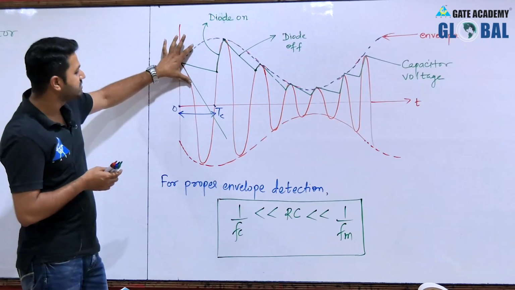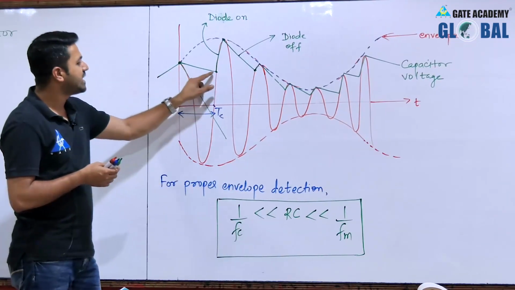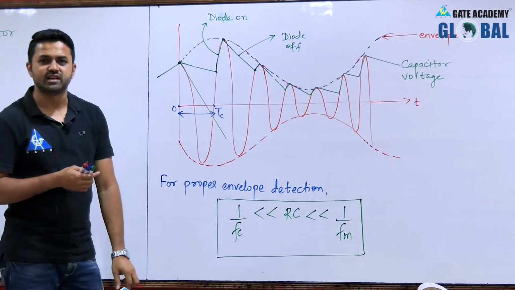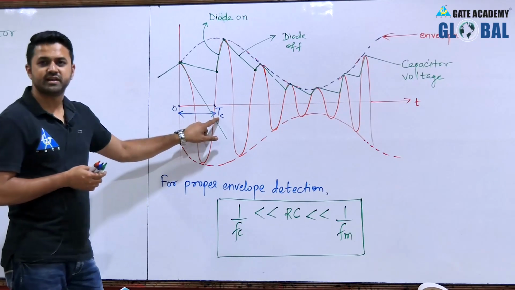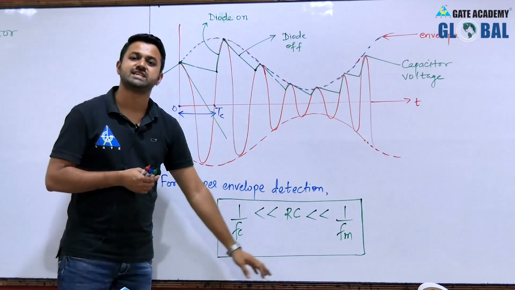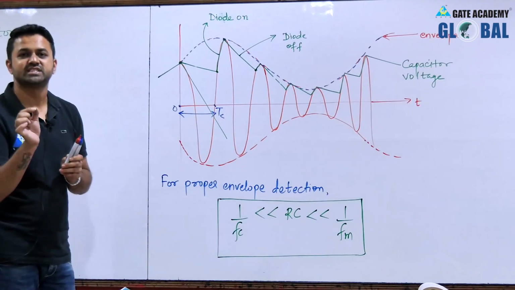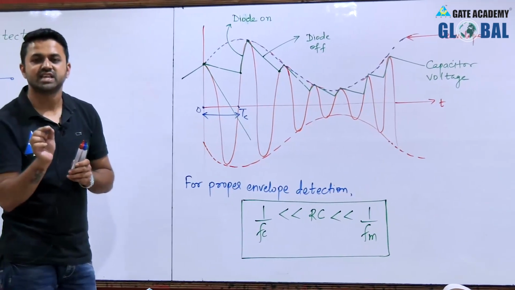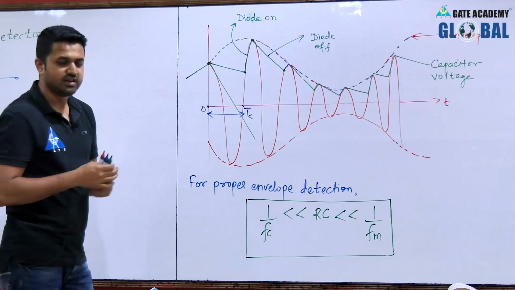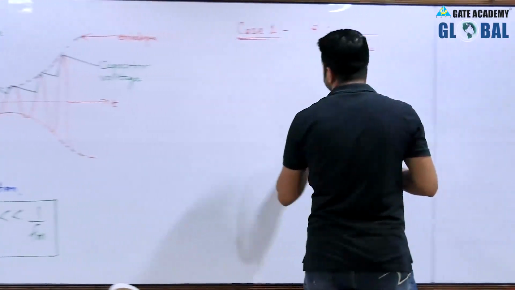Previously, when we maintained the time constant, the capacitor voltage was very closely following the envelope of the input signal. But now, when the time constant is less than the time period of the carrier, the capacitor voltage discharges very fast and does not follow the envelope of the input signal. Let us draw another diagram for this.